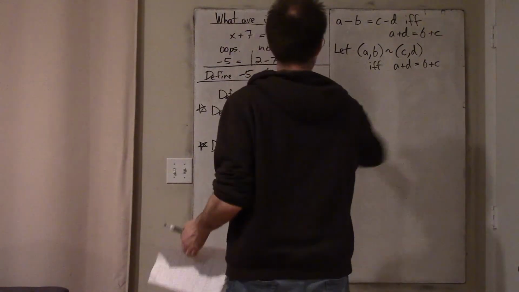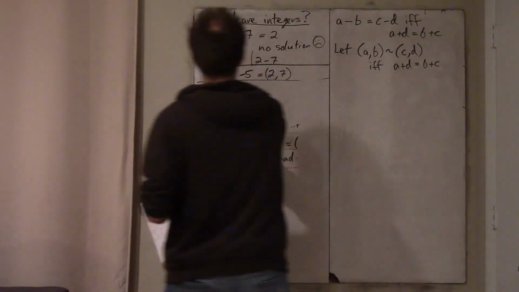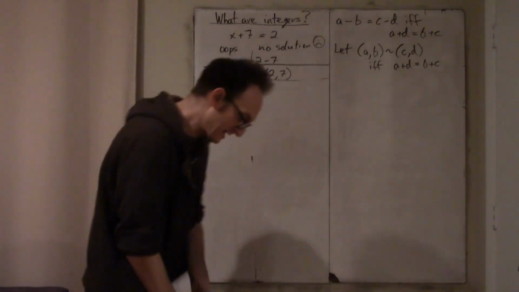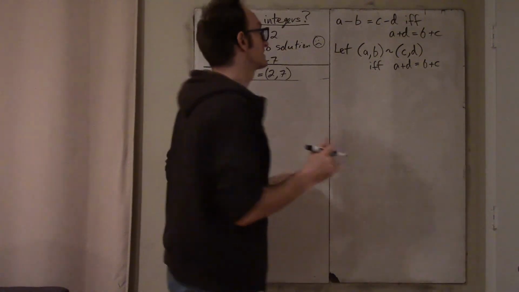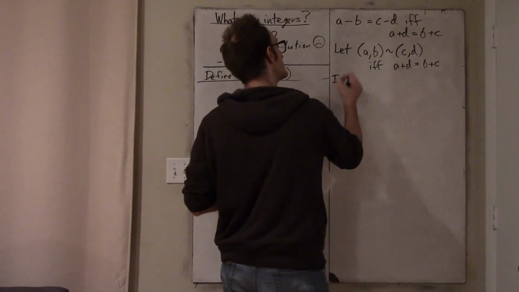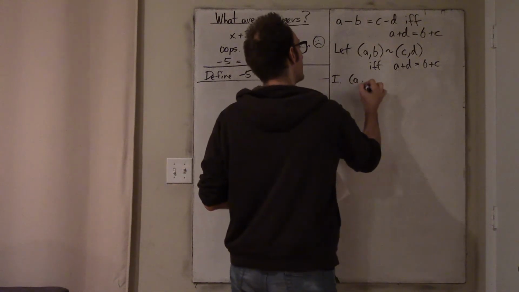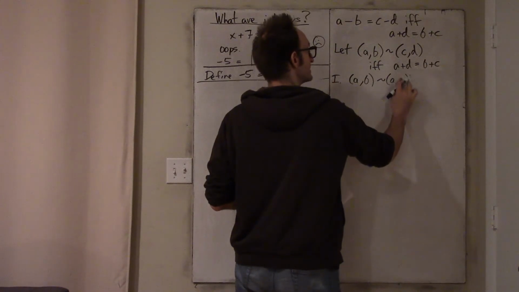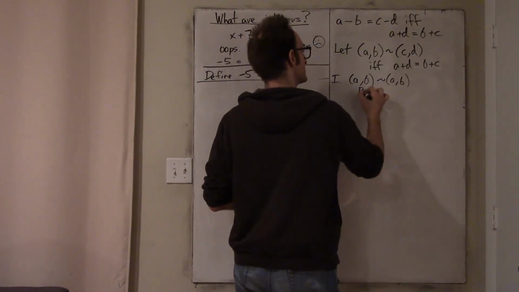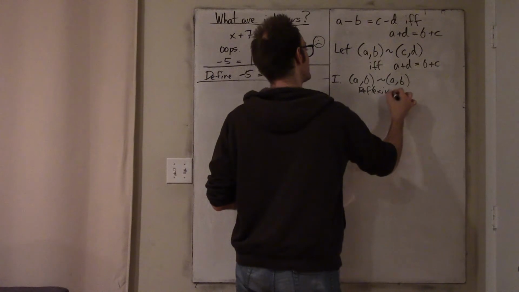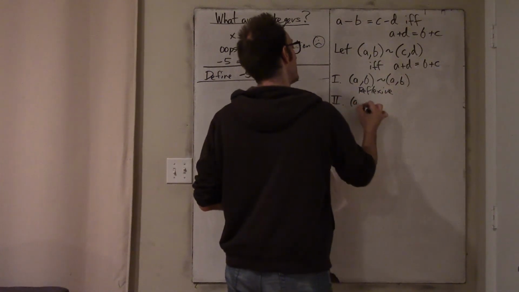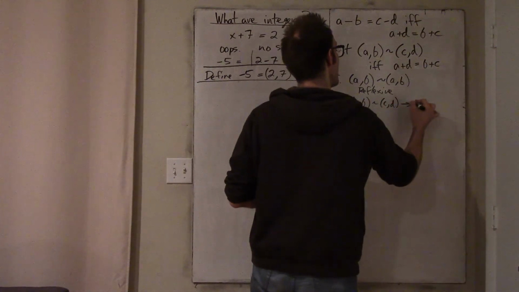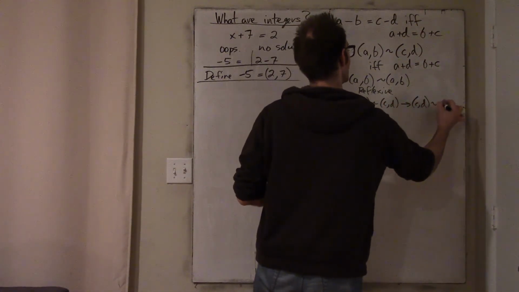Okay, let's just erase all this, because I think you got the idea there. And then I can notice some things. Just like before, A, B is equivalent to itself. This is the reflexive property. And if AB is equivalent to CD, then CD is equivalent to AB.